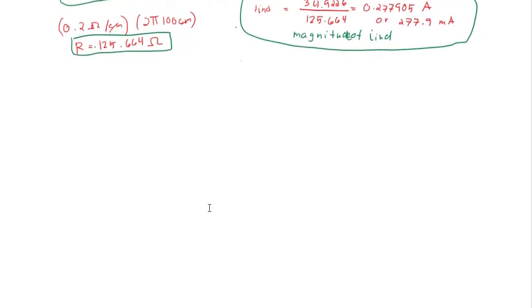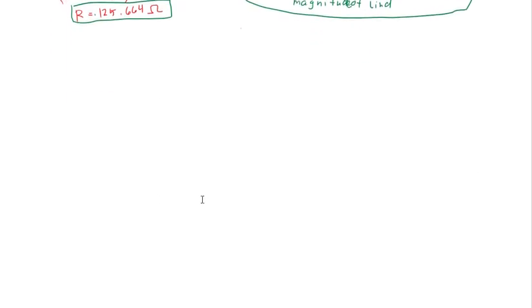So let's take a pause and think of that, or maybe we should illustrate that. If this is the system, we have a thin copper wire ring, and the B field is going into the page.